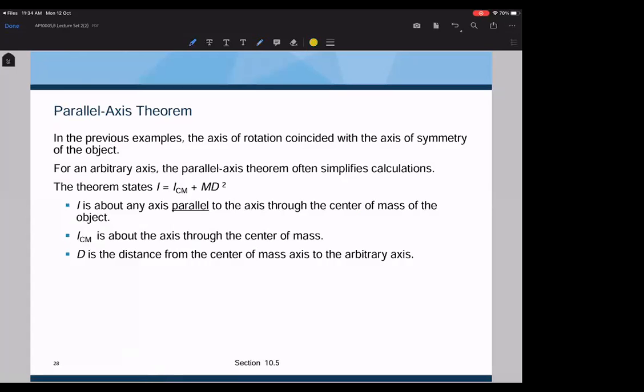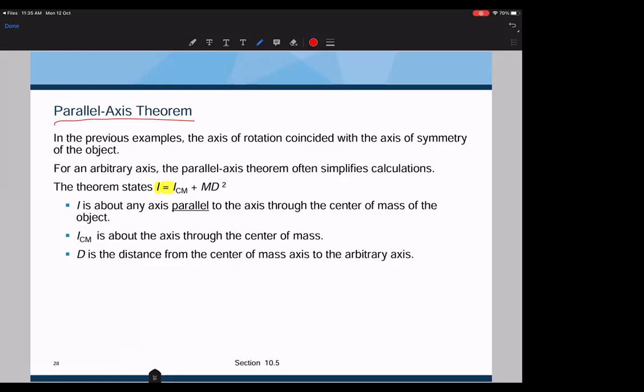So it would be I equals ICM plus md squared, where m is the total mass of the object and d is the distance between the two parallel axes. The important word here is parallel axis. The new axis must be parallel to the original axis that goes through the center of mass. That is very important.